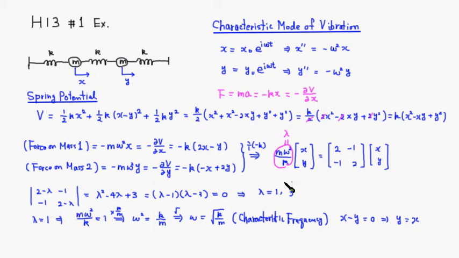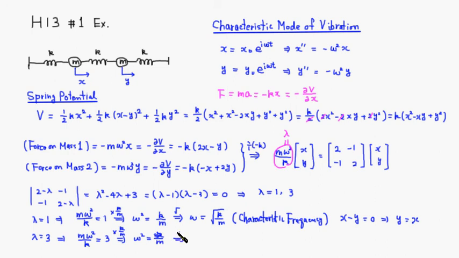For the other eigenvalue, lambda equals 3, if you do that, you're going to get mw squared over k must be equal to 3. Then we can solve for w by multiplying by k over m again. So w squared would be 3k over m.